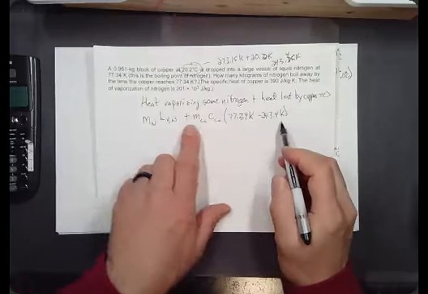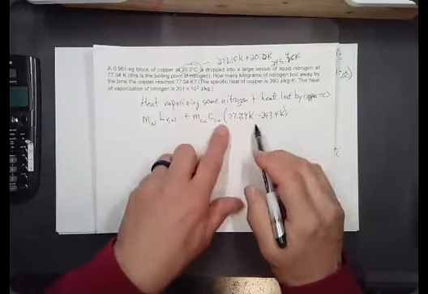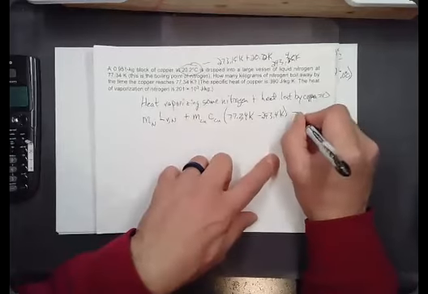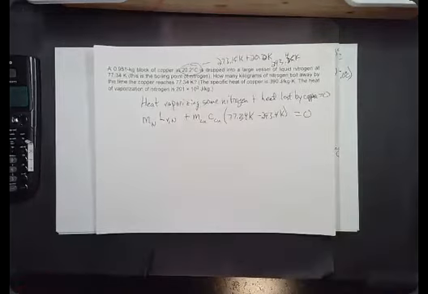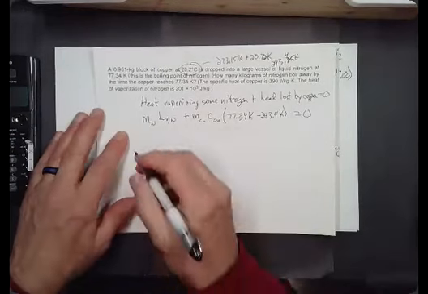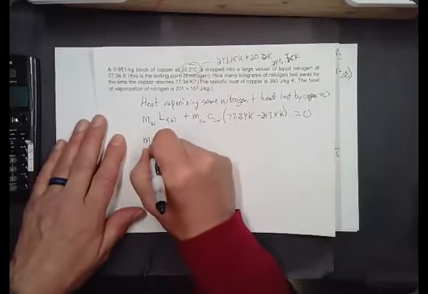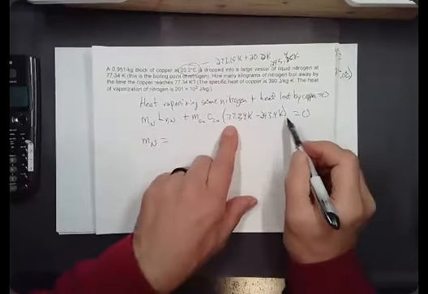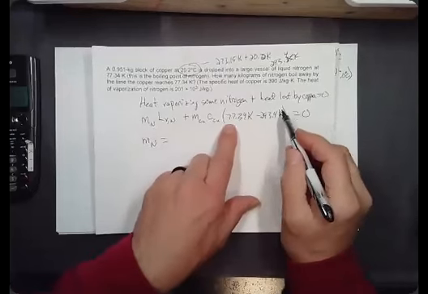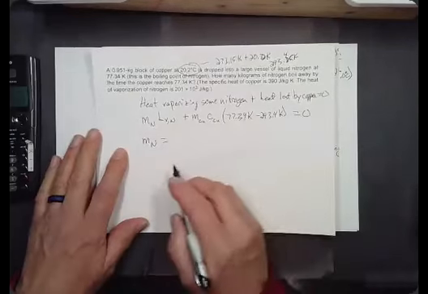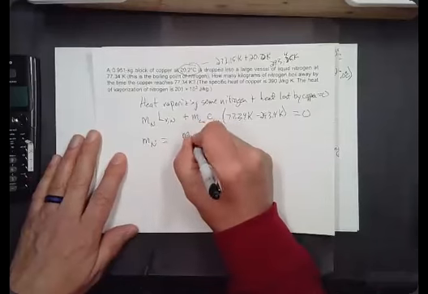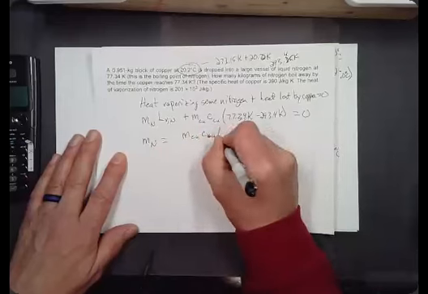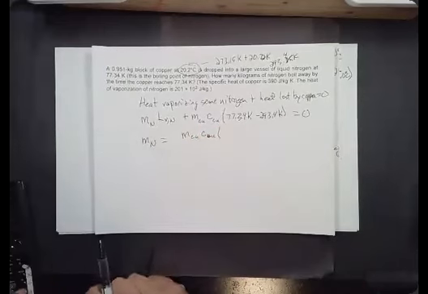Okay, and this will be negative. This number's smaller than that number, so we're going to have heat loss here, heat gain here, and that will equal 0. So the mass of the nitrogen will equal, if I bring this to the other side, that changes its sign, but I can just swap the order of the subtraction there. I'll have mass of the copper, specific heat of the copper, and then I'm going to go ahead and do that subtraction.